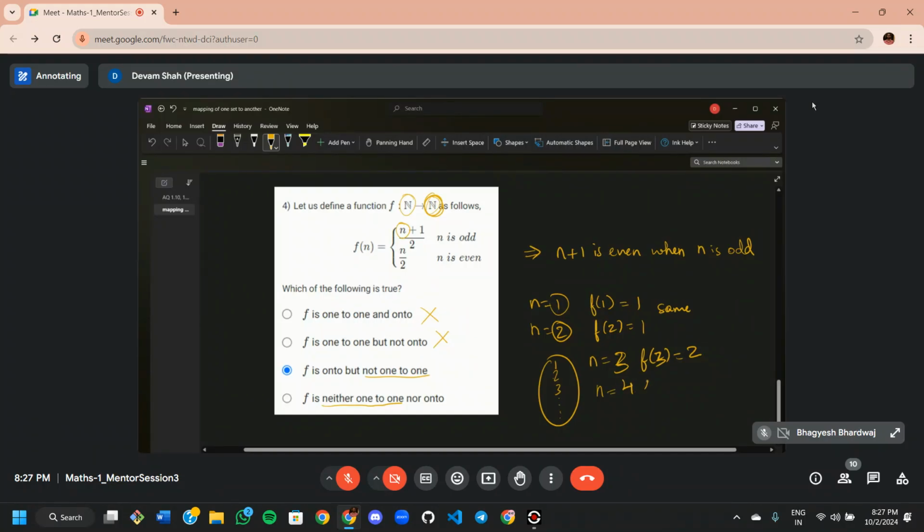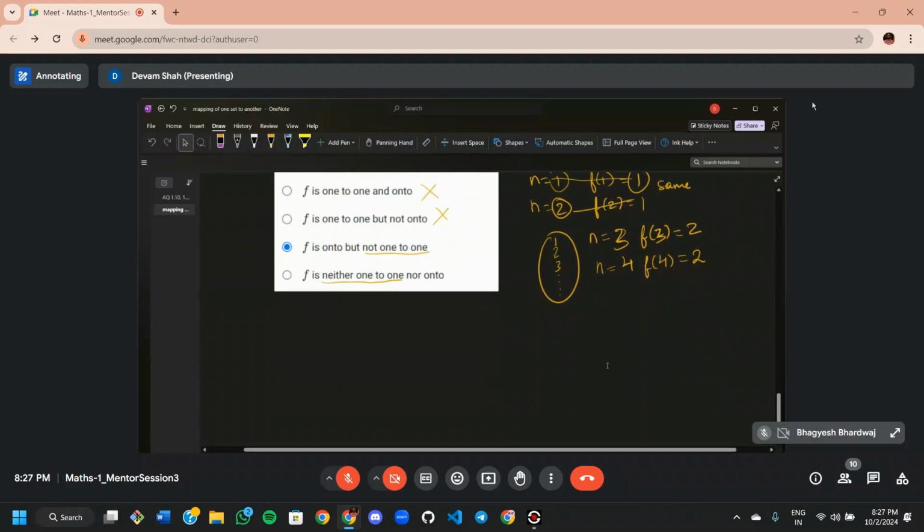When n equals four, f of four will also be equal to two. So one has two pre-images. That is, at least one pre-image is satisfied. Now two also has two pre-images.